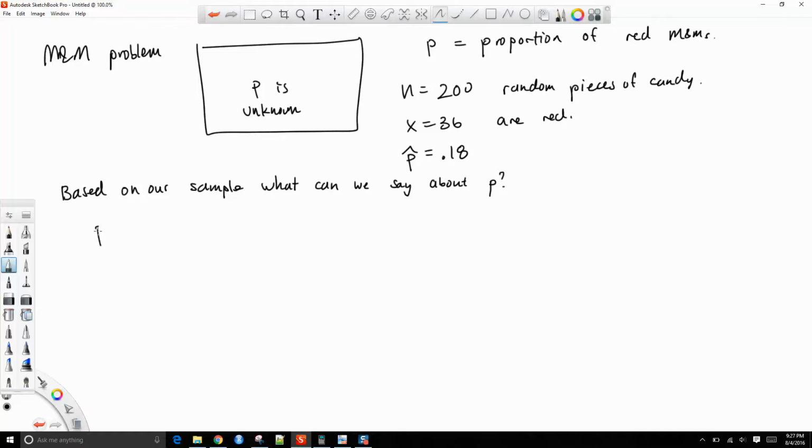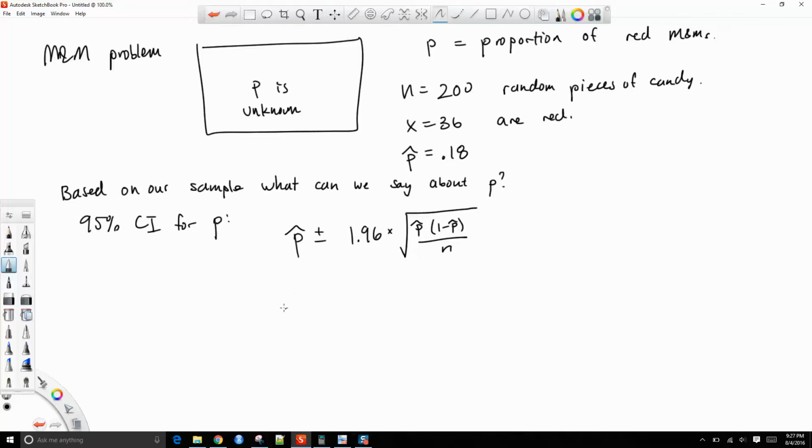Okay, well, we're going to create our 95% confidence interval, which is p hat plus or minus 1.96 times the square root of p hat times 1 minus p hat over n.